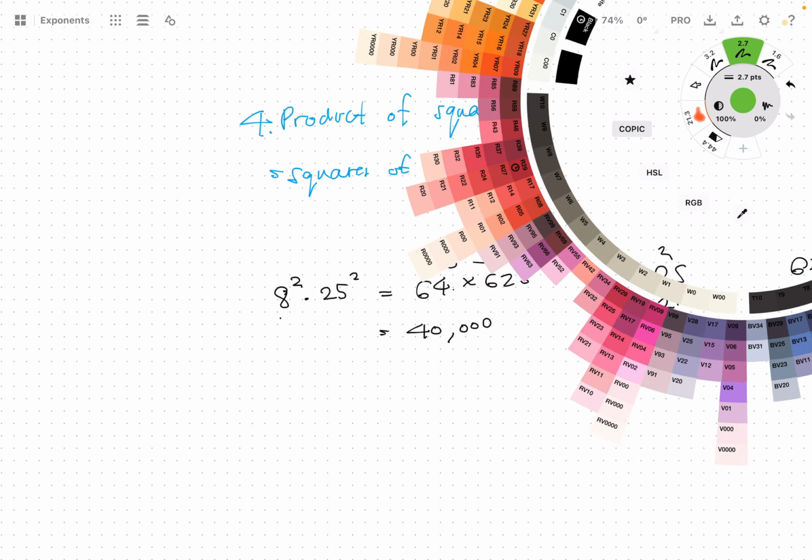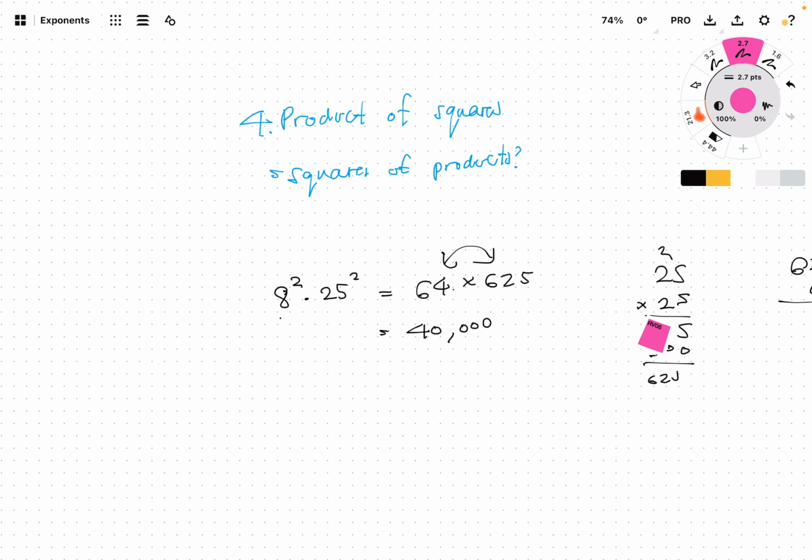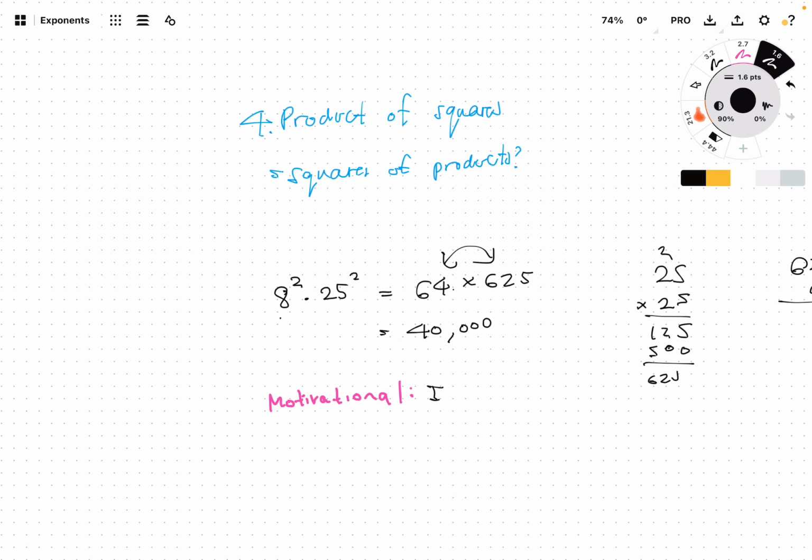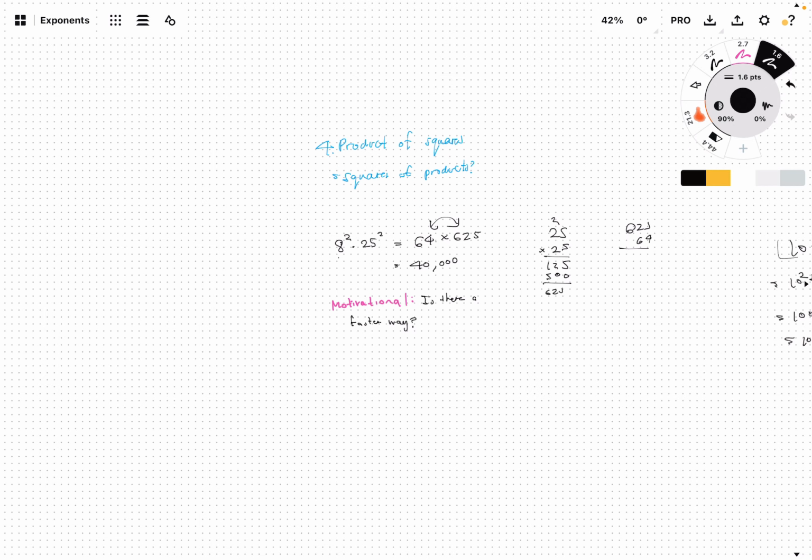Now, this is the motivation for this property. The motivational question is, is there a faster way? Is it possible to be faster? And the answer here is yes.